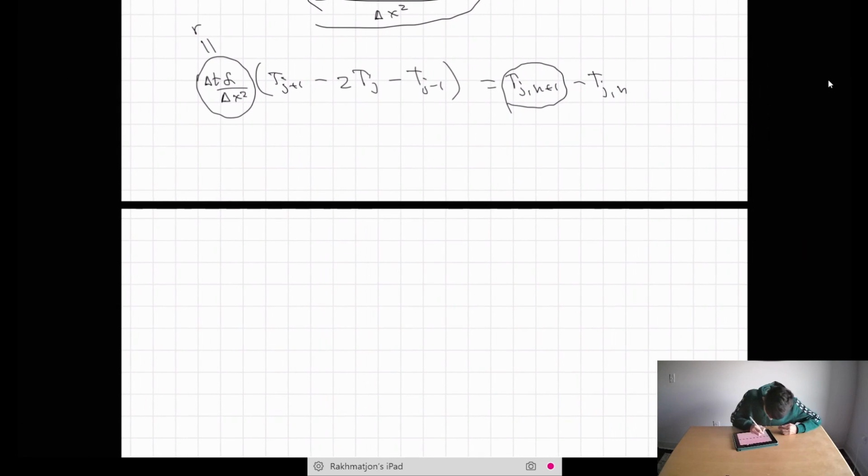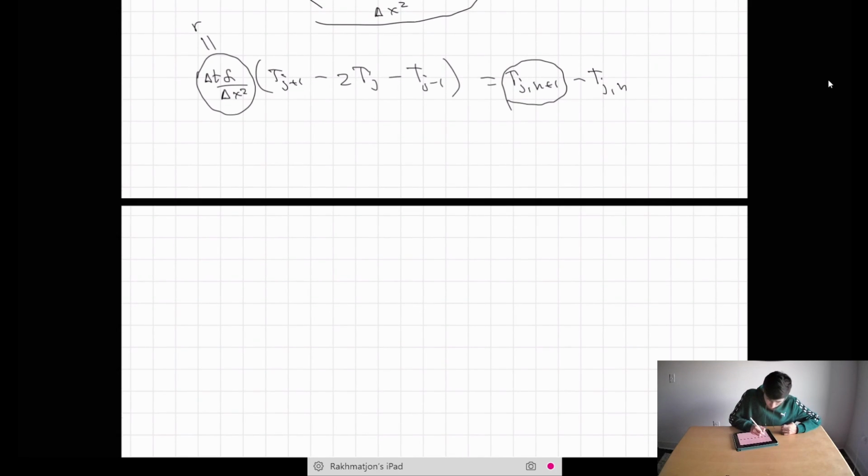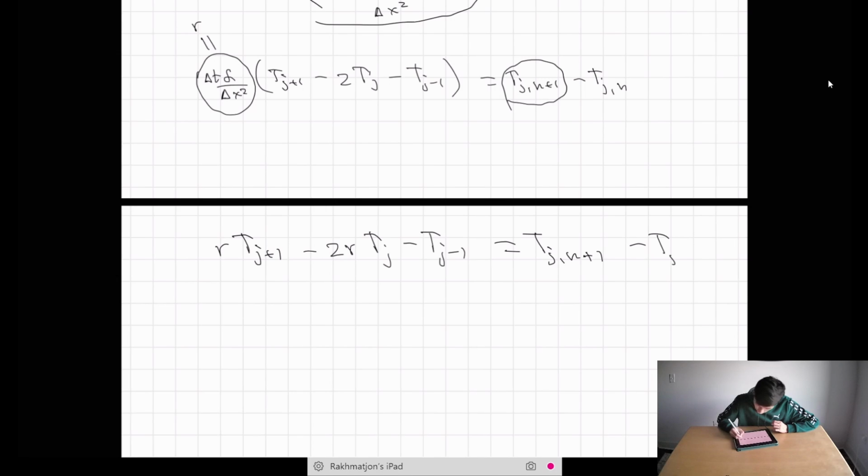So if I open the parentheses on the left side, that's going to be r T(j+1) minus 2r T(j) plus r T(j-1) is equal to the temperature at one point at time n plus 1 minus the temperature at exactly the same point but at one time before.